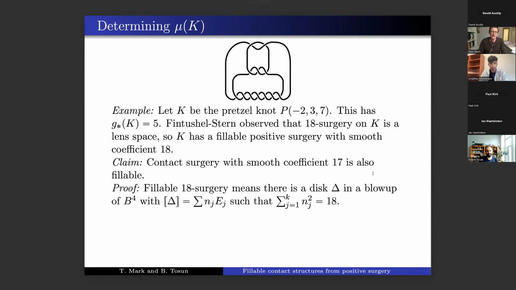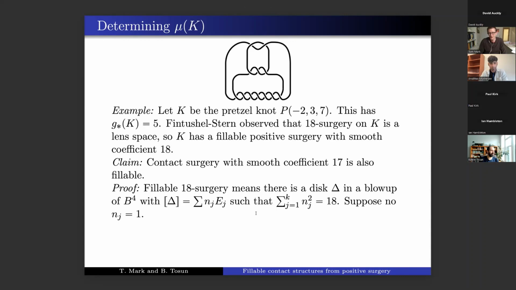So, if you know 18 surgery is fillable, how do you study 17 surgery? Well, 18 surgery means you can find a disk and some blow-up with a linear combination of exceptional spheres, surgery coefficient 18, so the sum of the squares is 18. If there's a coefficient 1, then you're done because you can blow down and get to 17.